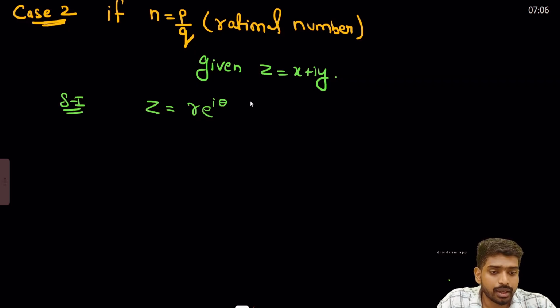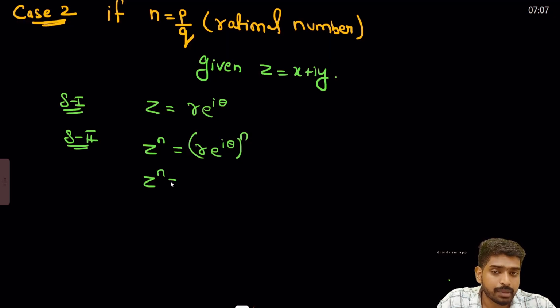Done. Now the next step: they asked for z power n, right? Z power n means r e to the power iota theta, to the power n. What is n here? n is p by q, right? So to calculate z power n, we'll write this n in p by q form. So r e to the power iota theta, to the power p by q.